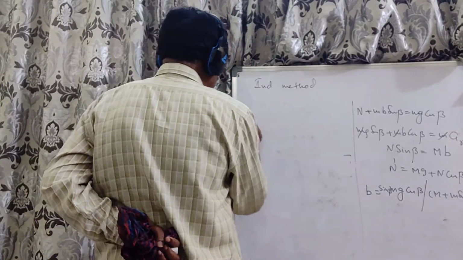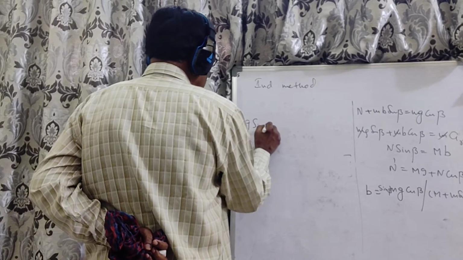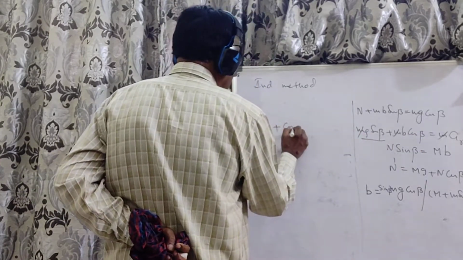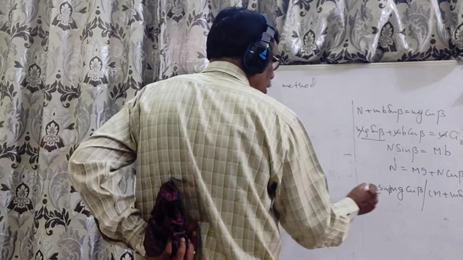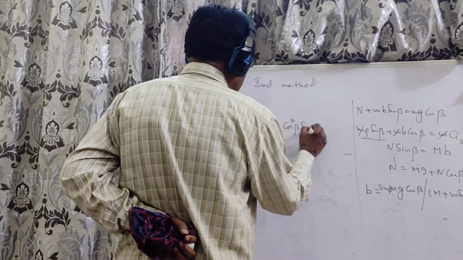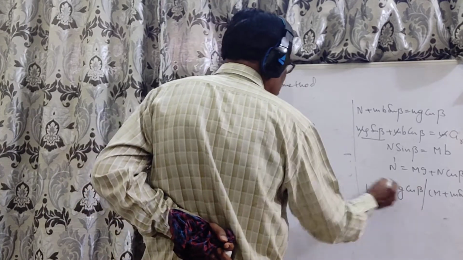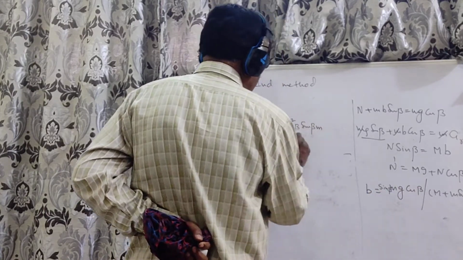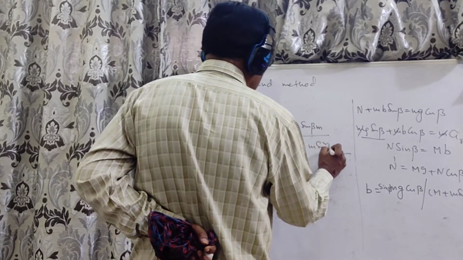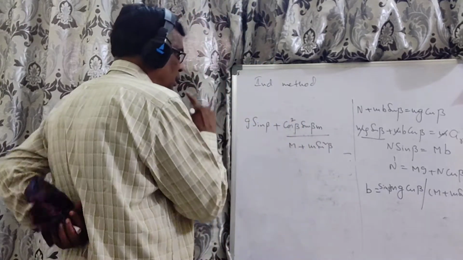I want to get g sin beta plus cos beta into B. B is all this: cos square beta sin beta m by (M plus m sin square beta).